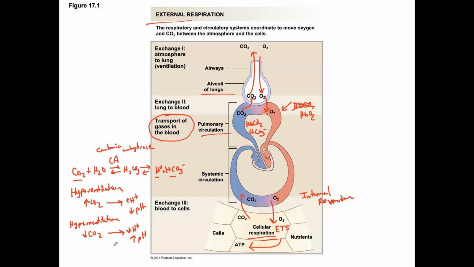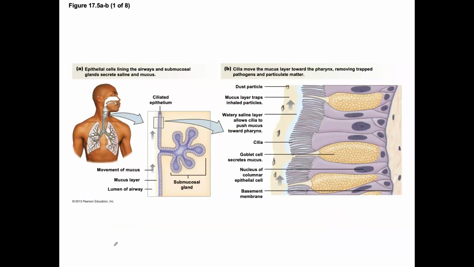Another thing to consider with general functions of the respiratory system is using the respiratory system to protect ourselves against inhaled pathogens or any inhaled irritating substance. Most of the inhaled pathogens and inhaled substances are going to be trapped by mucus in the respiratory system. So if we take a look at the respiratory system, you can make note of the type of epithelial tissue. This is pseudostratified ciliated columnar epithelium.